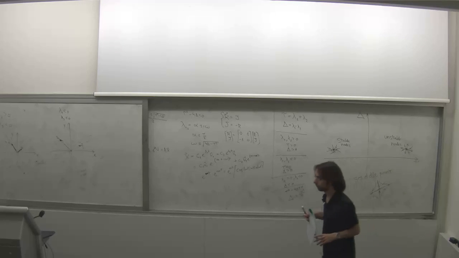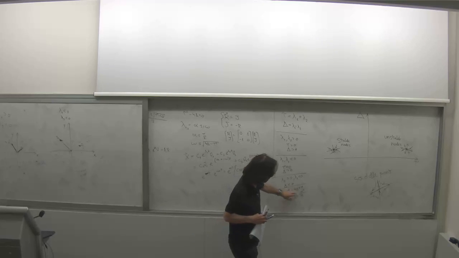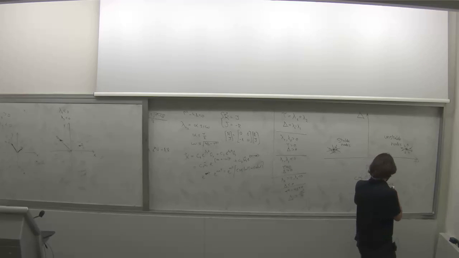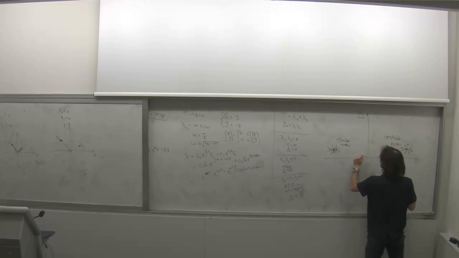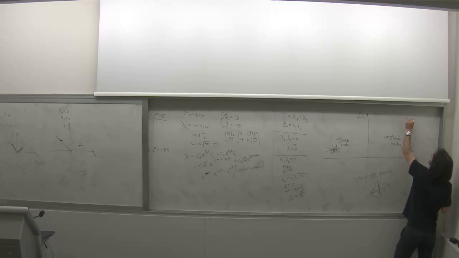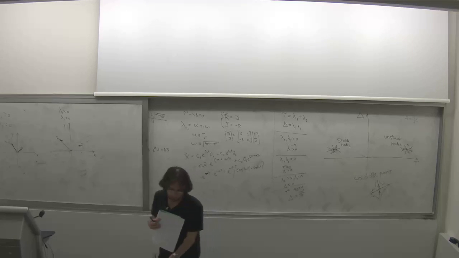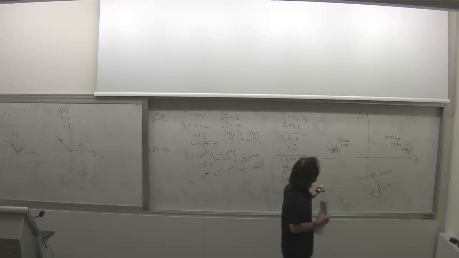Okay? So for all points satisfying this condition, we will have spirals. And I can draw this curve here. This will be delta equals tau squared over 4. And in this range above the parabola, I can have spirals.